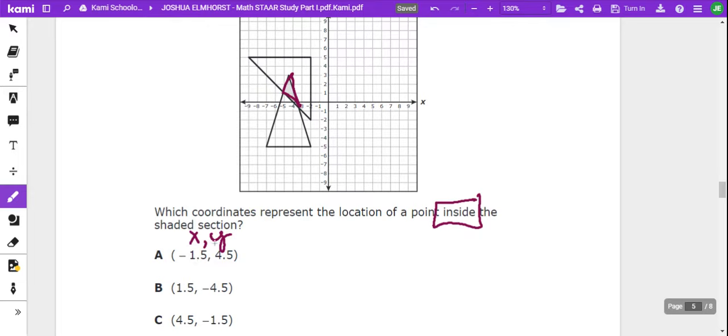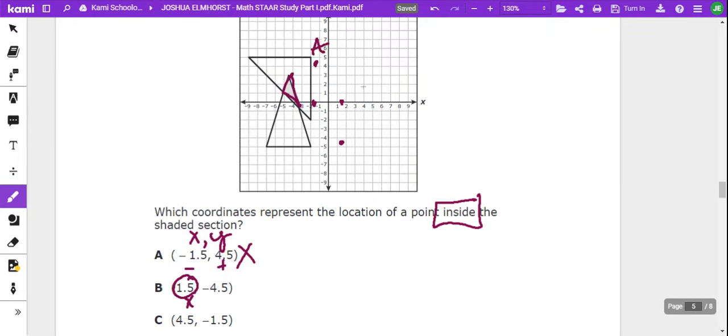So here you have negative 1.5, and then positive 4.5. So you're going to go up here. So that one is not inside the graph. Here you have positive 1.5 for x. Going to go over positive and then down negative.